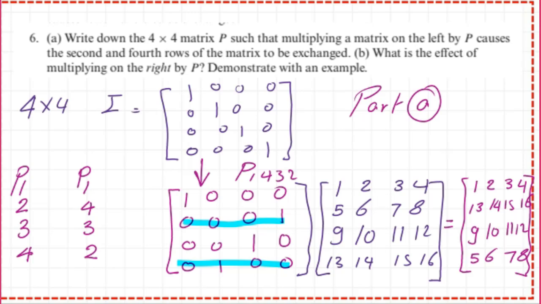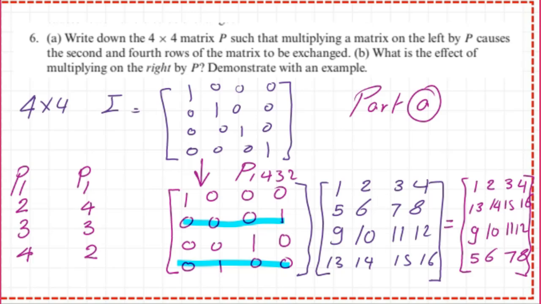And to double check, we have only one 1 and the remaining zeros in all the columns and all the rows. Okay, this is the normal position, 1 2 3 4. What is required? To exchange the second and fourth. So 1 remains 1, 2 will become 4, 3 remains, and 4 becomes 2.